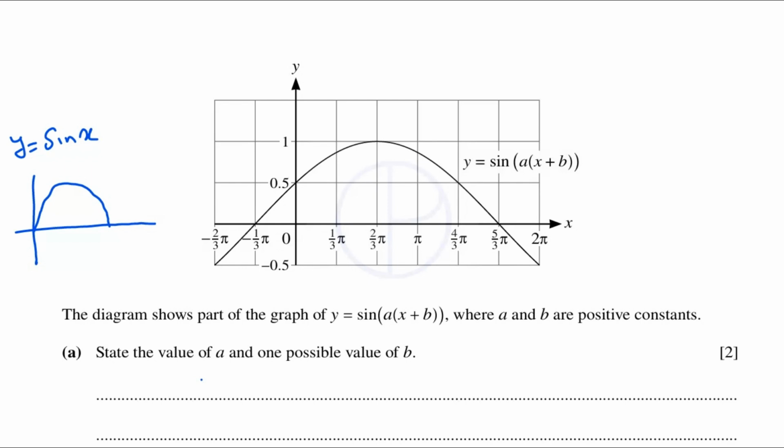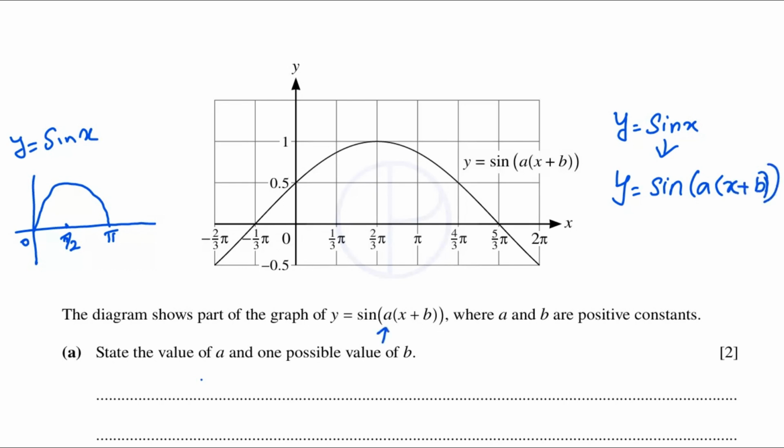Okay, so here it will be 0 and this is pi, and it is maximum at pi over 2. So y is equal to sine x has become y is equal to sine of a multiplied by x plus b.